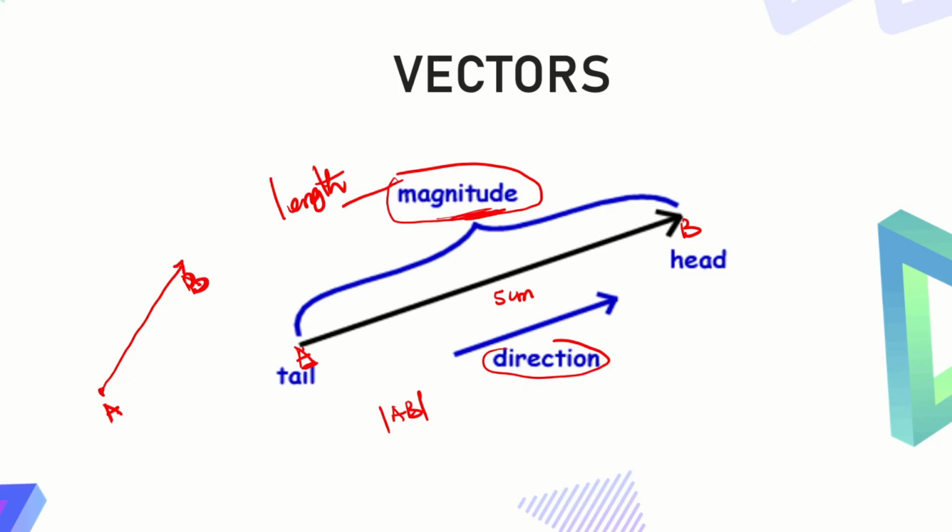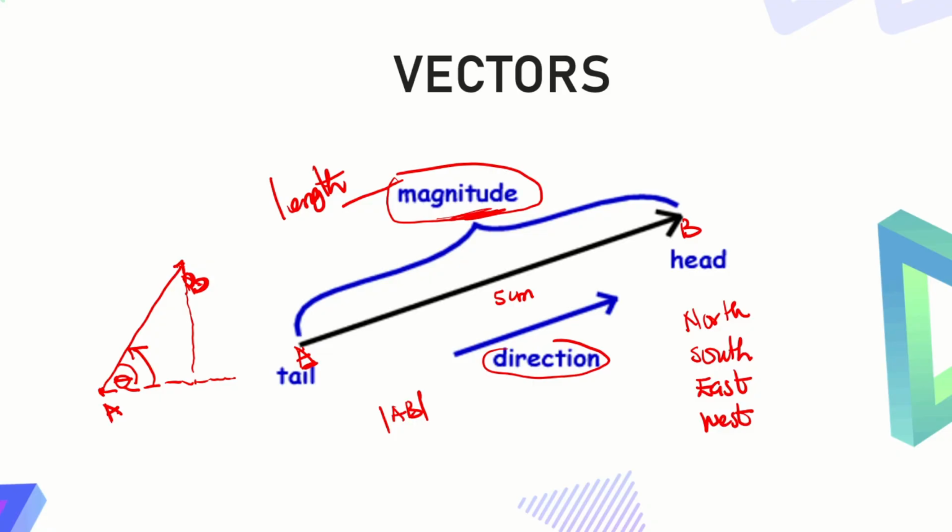The direction from A to B is where you are moving: towards the north, south, east, or west. Or better still, you can be moving at a particular angle. When we have a line here and a line here, we can see that you are moving at a particular angle. So the direction represents the particular angle at which you are moving.